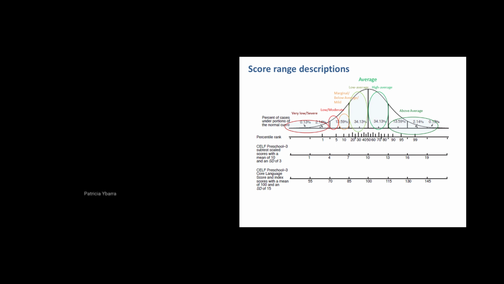However, I do want to stress that children are referred for evaluation because there's a concern that they're beginning to fall behind their peers early in their school life, especially considering this young population with CELF Preschool-3, we're testing 3 to 6-year-olds. And we know that if steps are not taken, the gap could easily widen.